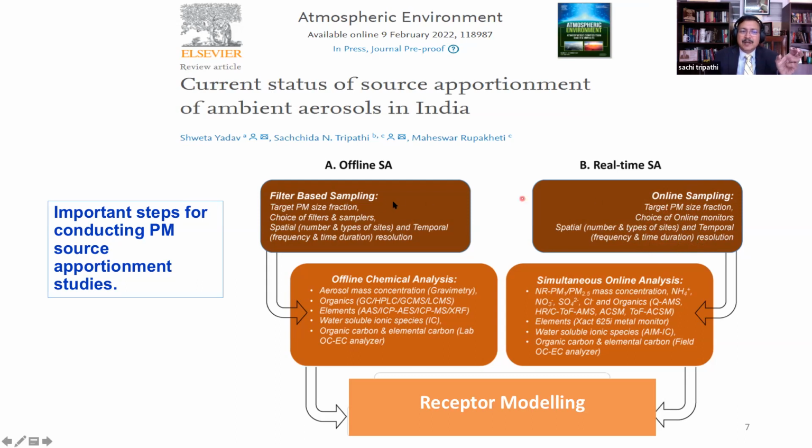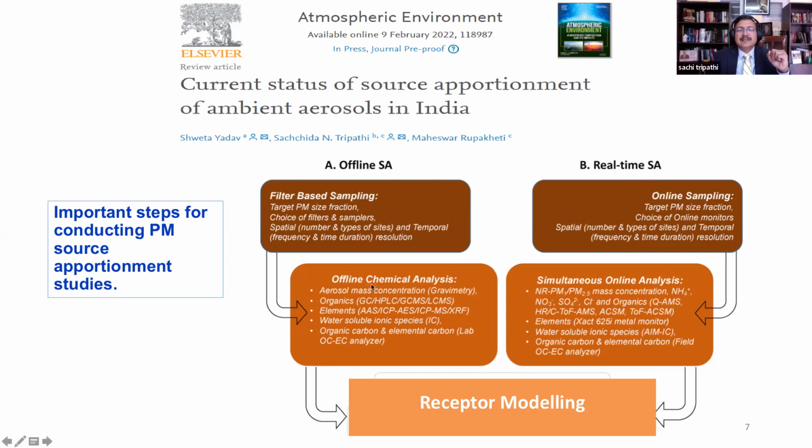So remember that, whereas in the offline case you are collecting filters, storing them, and then doing lab-based analysis, here it is all online. All the chemical information you get in real time using these kinds of monitors.